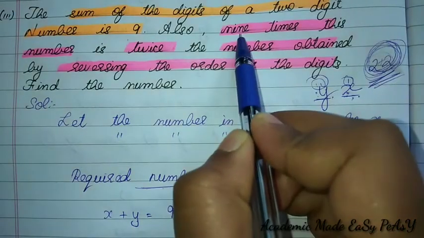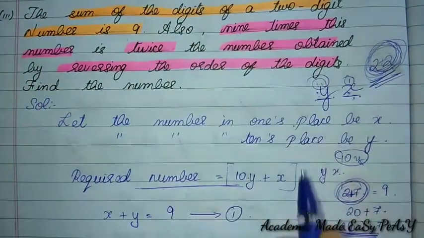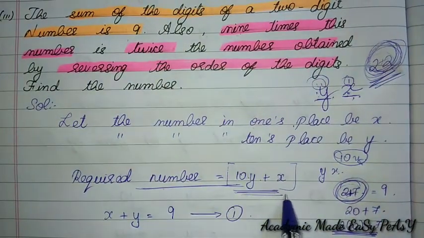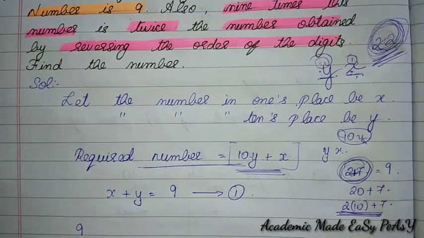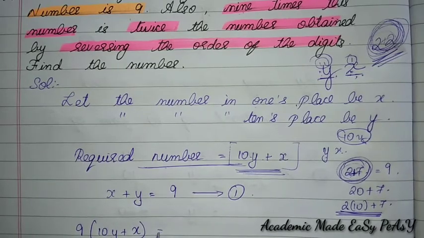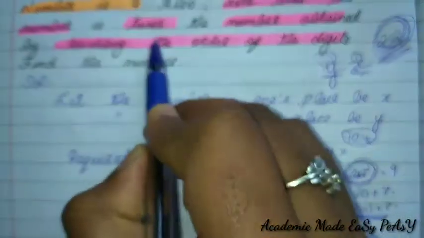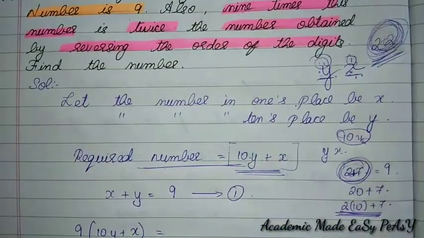In the second case, what they're saying is that 9 times this number, which number? This number. Okay, so now let's write 9 into what is this number? 10y plus x is equal to twice the number obtained by reversing the order. What is the reversed order for this?